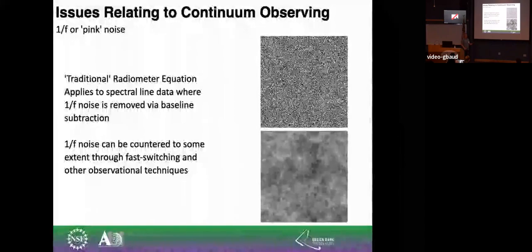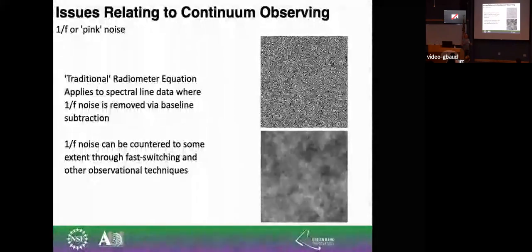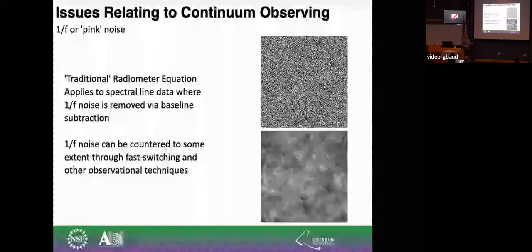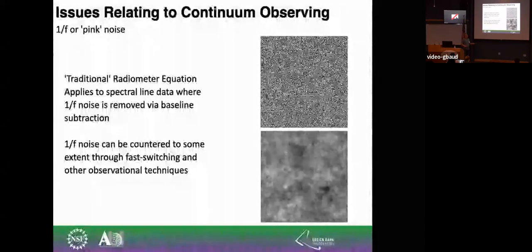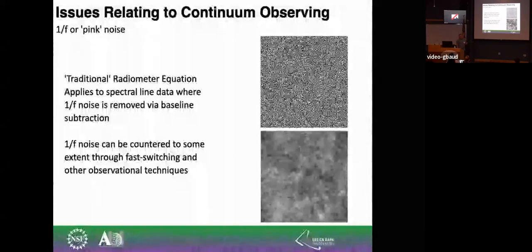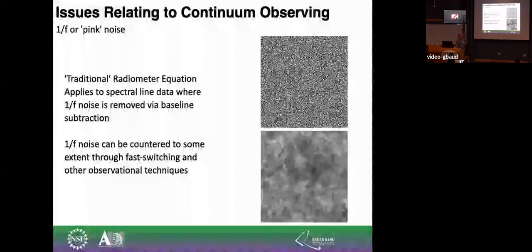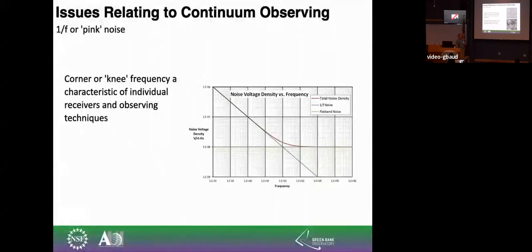Fast switching is a good way of doing it, taking a lot of short observations and then adding them all together at the end. There are some other techniques that you can use, but that's the expert level. The thing about 1/f noise is it goes down as 1/f, so there's a slope on a frequency spectrum, whereas broadband white noise basically stays the same over frequency.